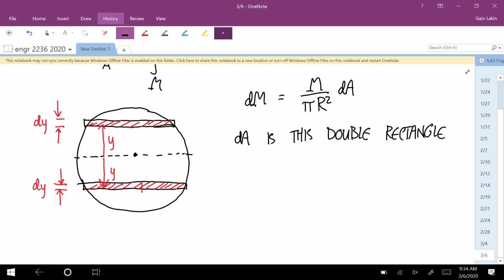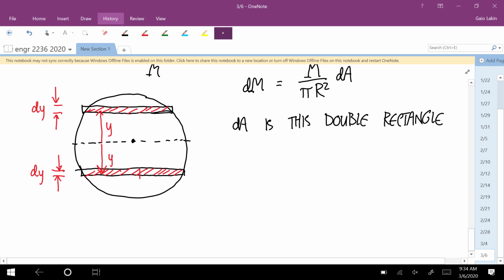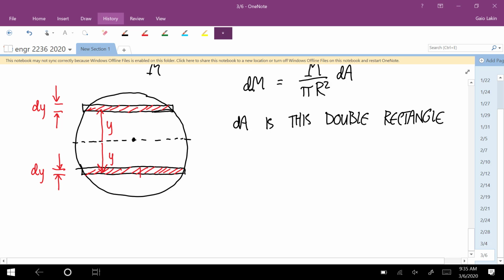Well, notice that the length of that rectangle depends on the y value. So we need a way to represent the x that corresponds to a given y. And we can do that because we know the formula for a circle. Who remembers the formula for a circle?